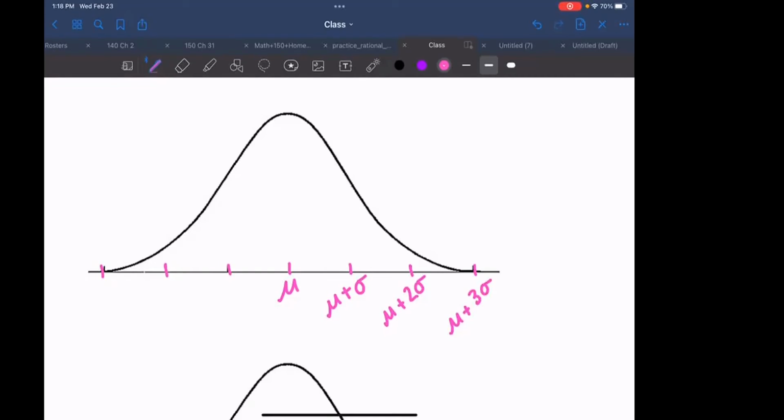We can also subtract off the standard deviation. So over here, this would be the mean, mu, minus sigma. And working backwards, we have the mean minus 2 sigma and the mean minus 3 sigma. All we're doing is putting the mean in the middle, adding and subtracting standard deviations.